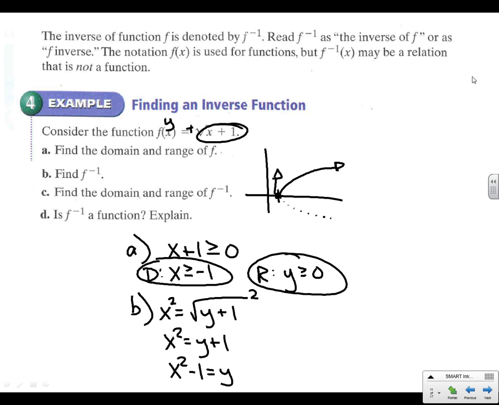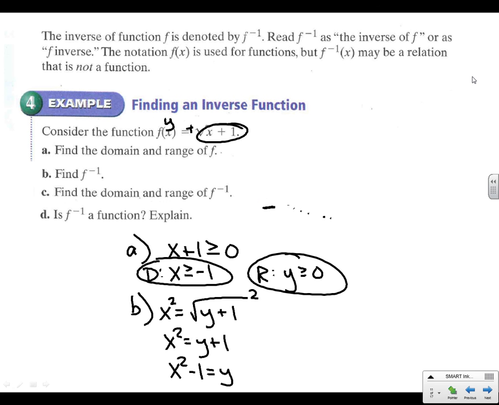So if we take a look at that, I'm just going to graph it real quickly over here. We would go down 1. Okay, and then we would graph this. Oh, I made a mistake there. Apologize. Nope, made a mistake there again.